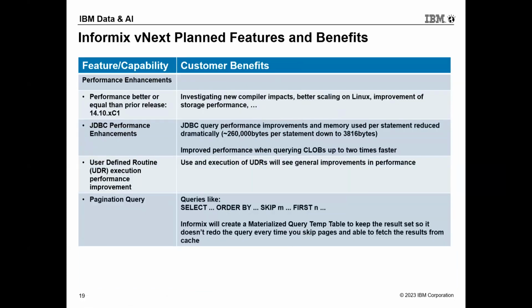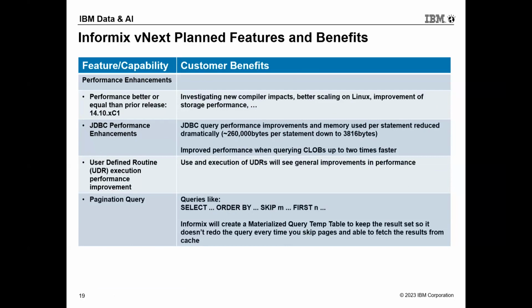Some performance enhancements. Performance will be better or equal than the prior release as of 14.1 XC1. We're looking into new compiler impacts, better scaling on Linux, improving storage performance.